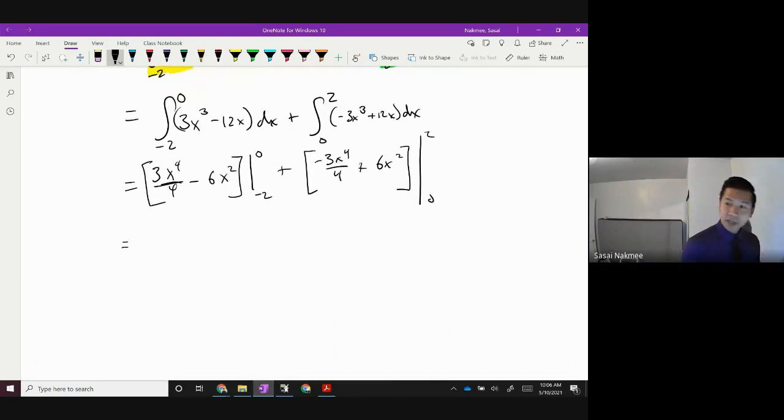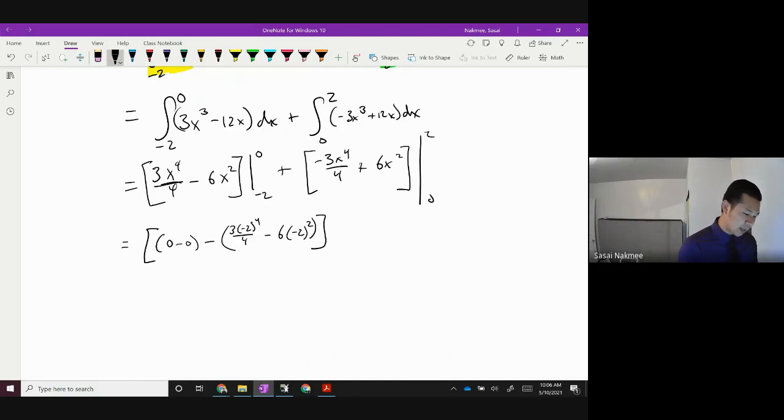Let's do that real quick. Over here, if I plug in 0, I'm going to get 0, of course, minus 0. Hopefully you guys are okay with that. Minus, I'm going to plug in -2 over here. This will be 3 times -2 to the fourth over 4 minus 6 times -2 squared.